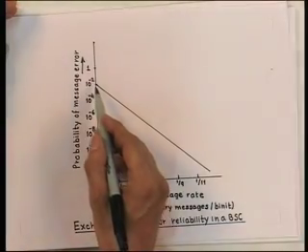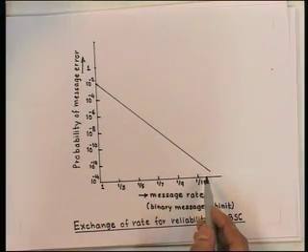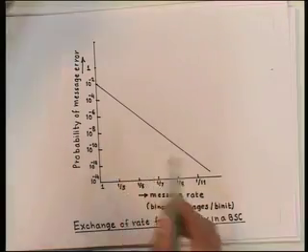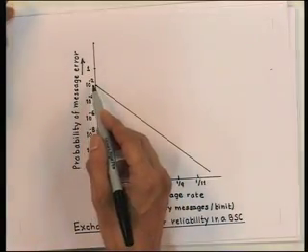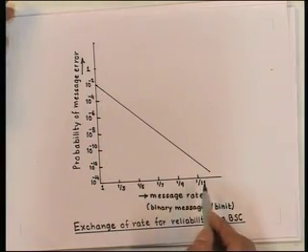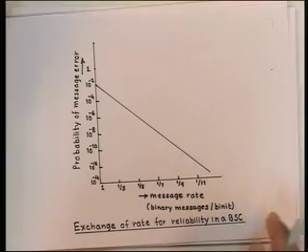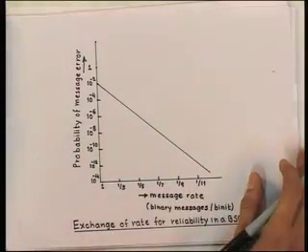So, the probability of message error decreases with the decrease in the message rate. In any case, repetitions cause redundancy, but also improve the probability of error.